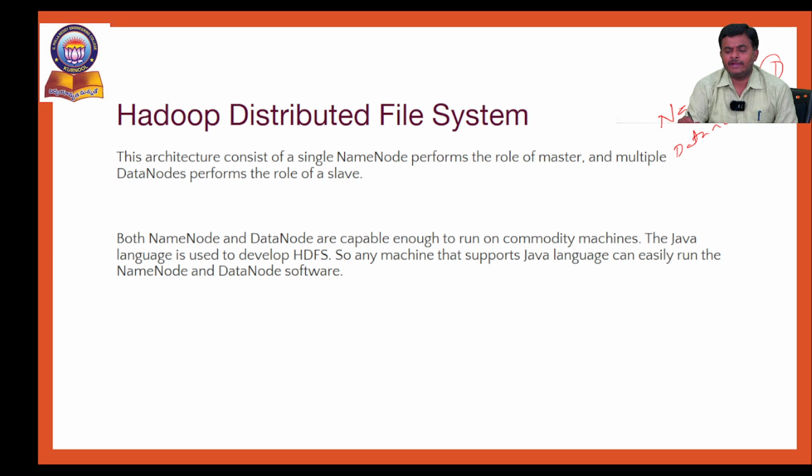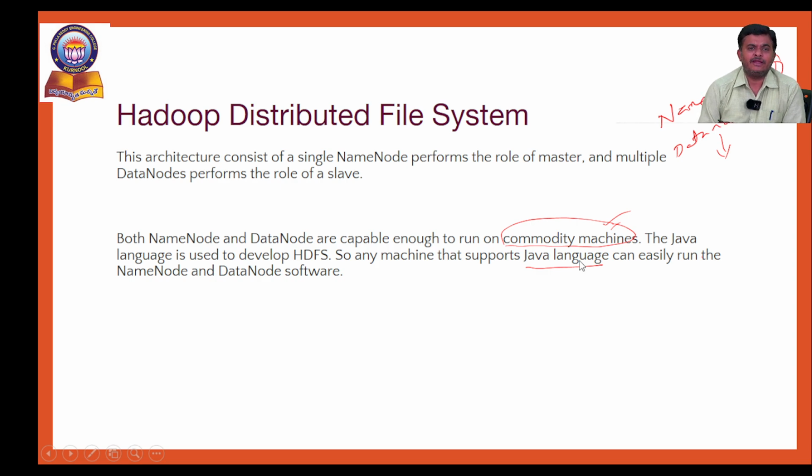There can be n number of them, based on the cluster size. Both name node and data node are capable of running on commodity machines. So normal traditional hardware can be used in the Hadoop system, and the name node and data node software are capable of running on these commodity machines. The Java language is used to develop HDFS, so any machine that supports Java can easily run the name node and data node software.